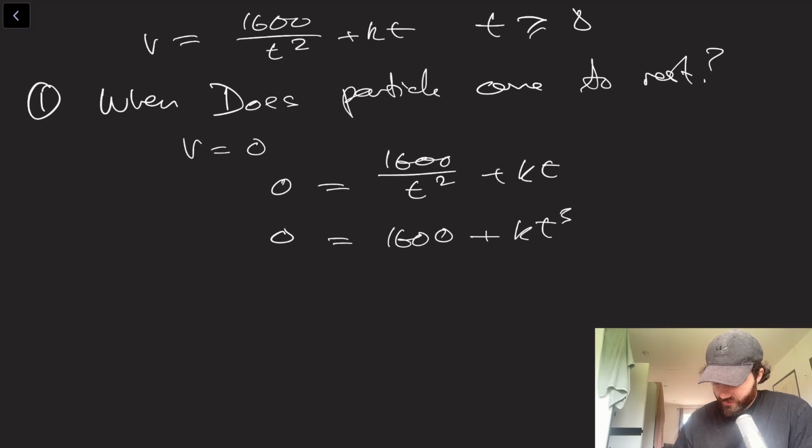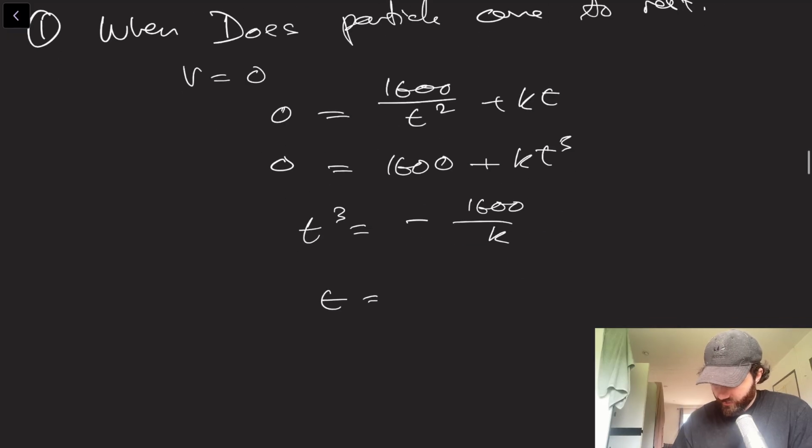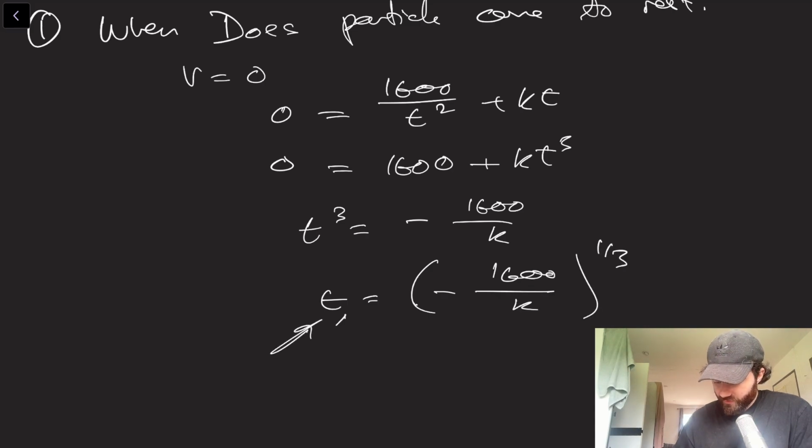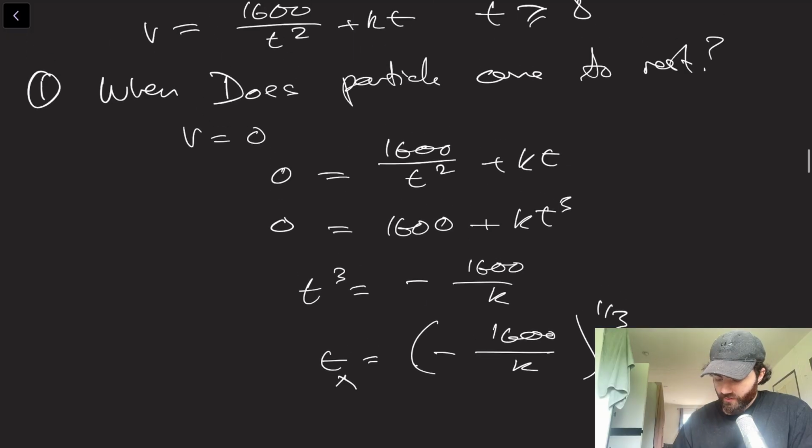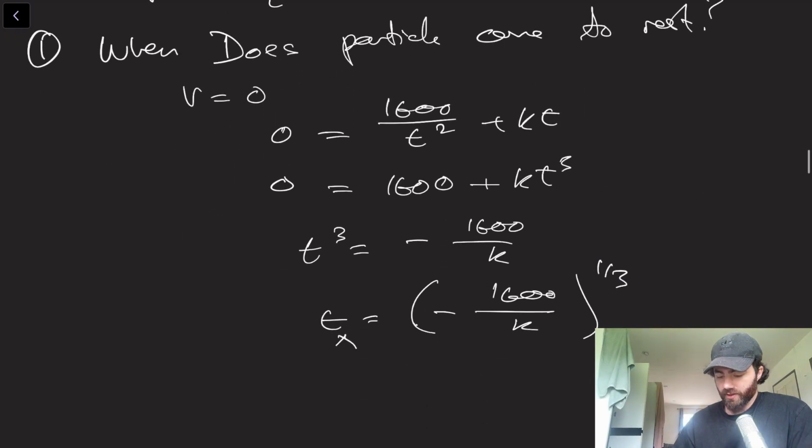So t cubed equals minus 1600 over k, so t equals the cube root of minus 1600 over k. We'll call this t of x, where the particle comes to rest. So now we're going to need to find k.